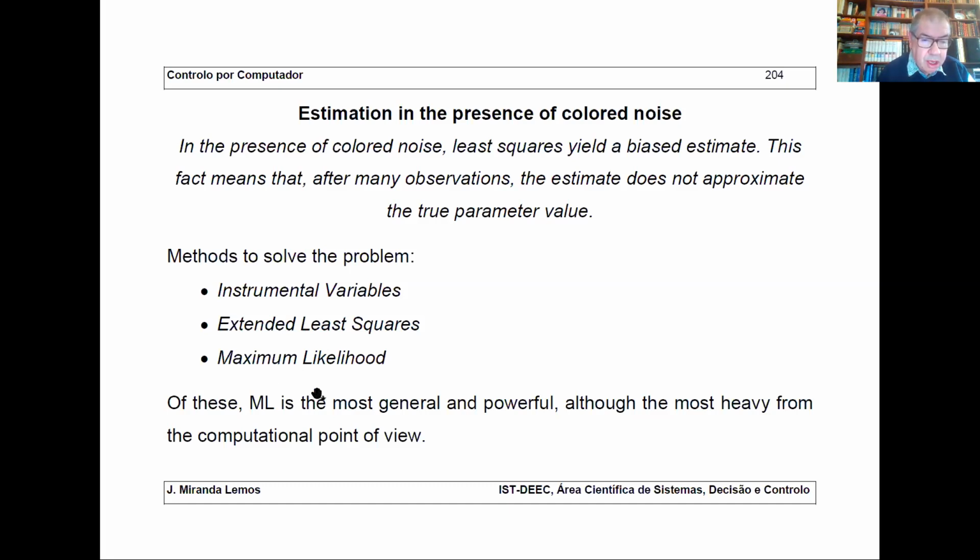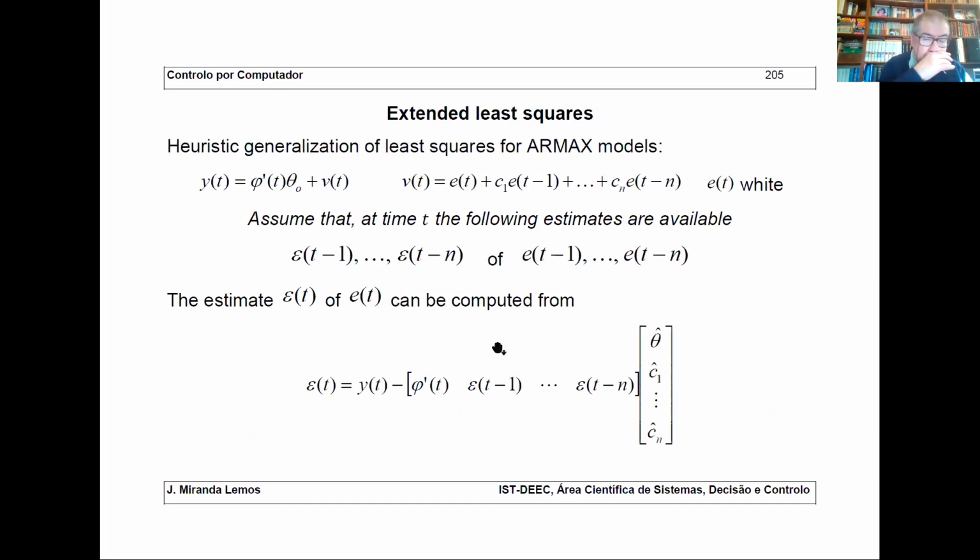Some of you follow the course on digital signal processing, and they speak a lot about maximum likelihood. My interest here is in discussing these methods, in particular maximum likelihood, in relation to system identification. So let's start by briefly saying something about extended least squares.